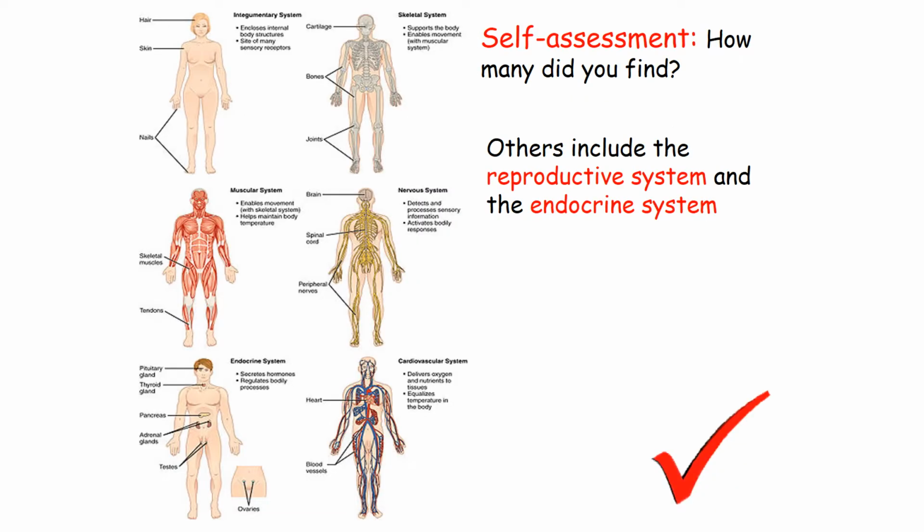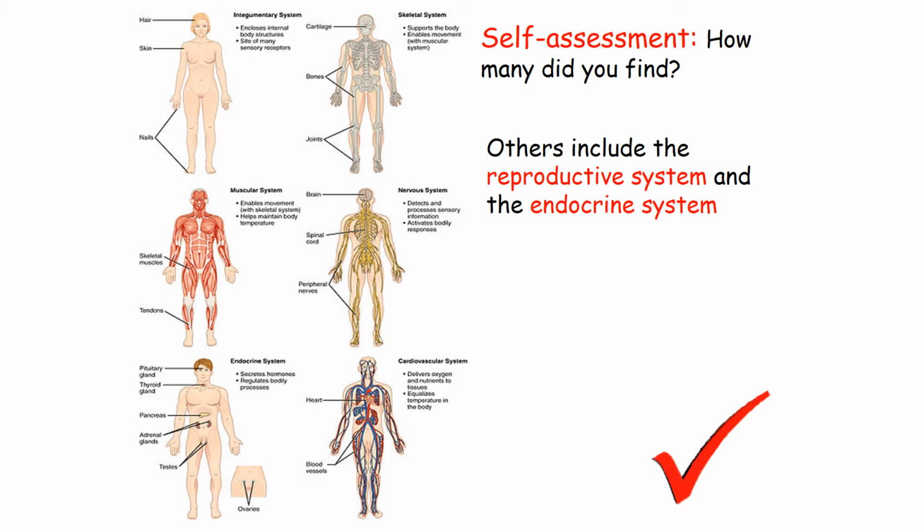Okay, so there are lots of different organ systems within the human body. We have the skeletal system, which is responsible for supporting the body and for aiding movement, along with the muscular system, which enables movement. We have the nervous system, which detects sensory information, so light, temperature, pressure, etc. And it also activates the body responses.